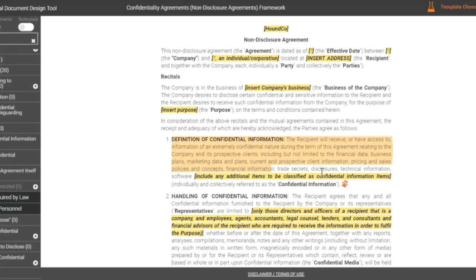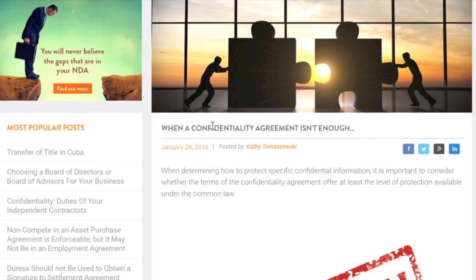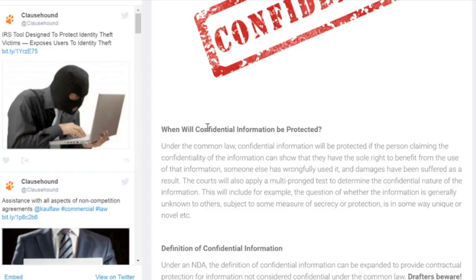To provide some context on the definition of confidential information, I looked to case law, and I have highlighted a case in a blog post on our blog site. This post actually discusses the concept of common law versus contractual limitations on confidential information.